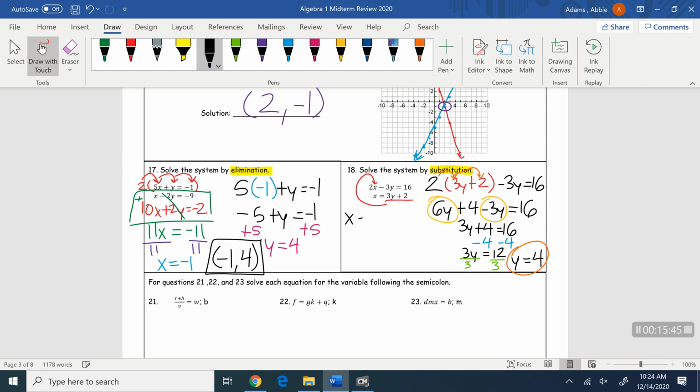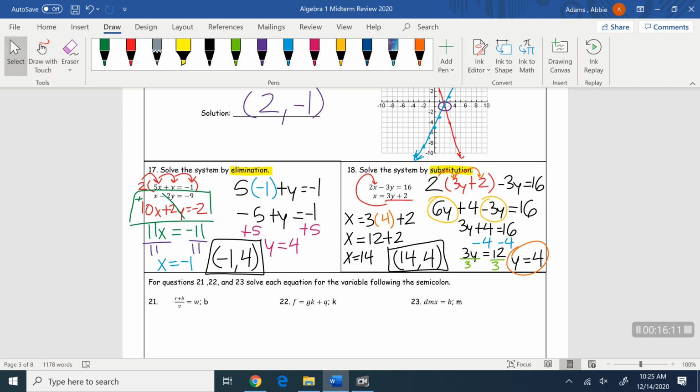So I'm going to have x equals 3 times my y value of 4 plus 2. X equals 12 plus 2. So x equals 14. So my final solution is 14, 4 for the intersection point of this system of equations.